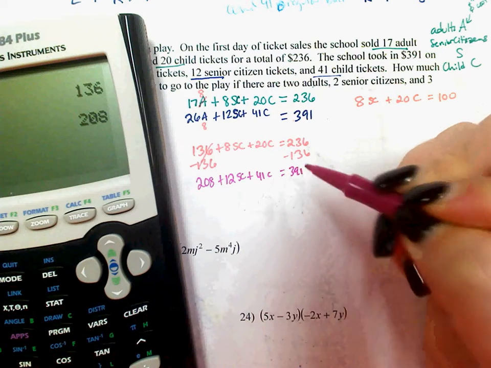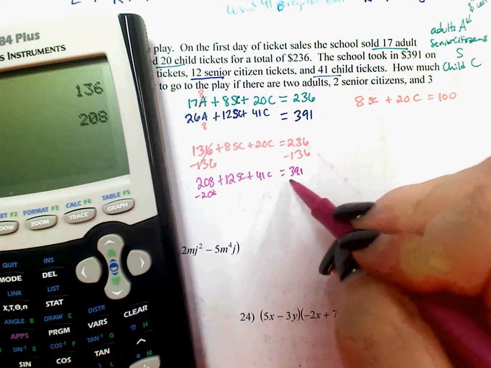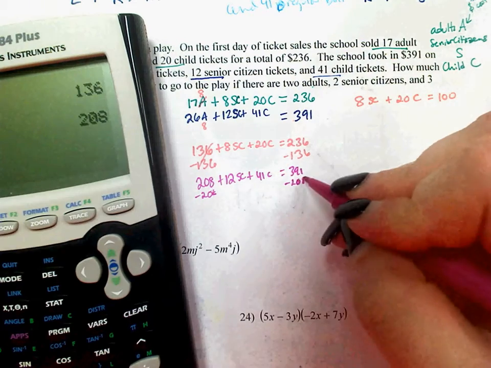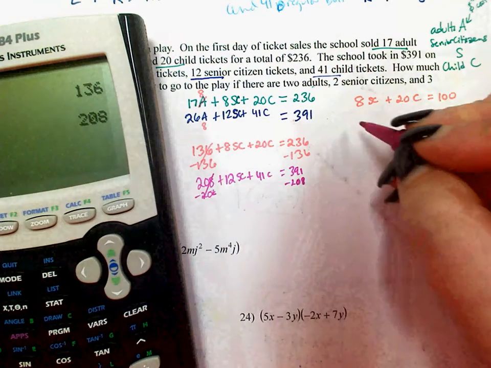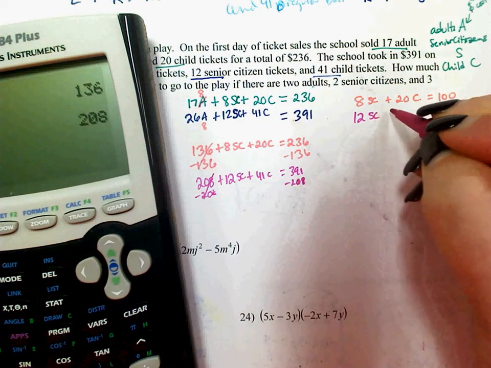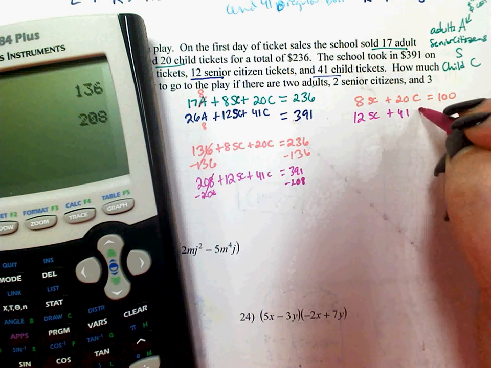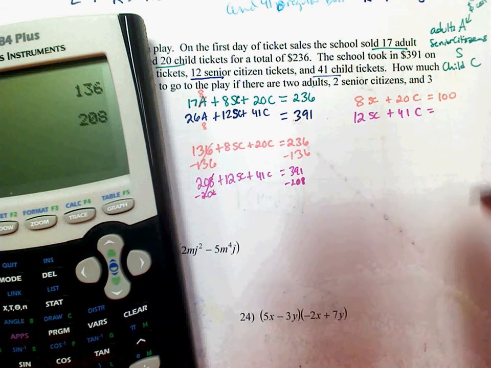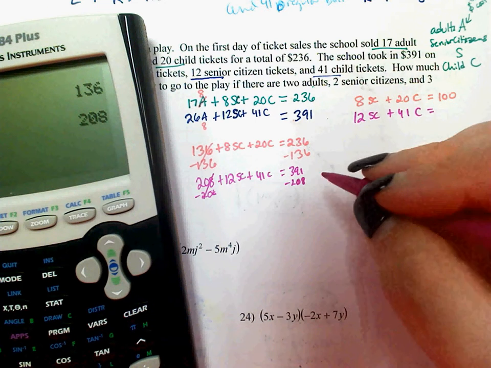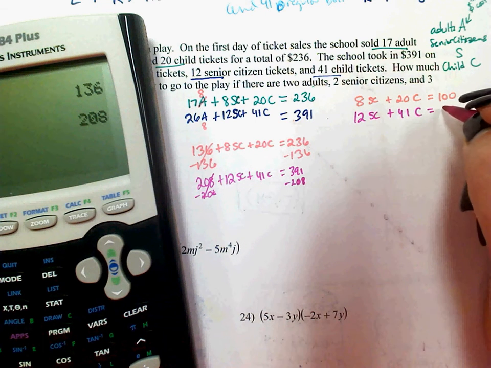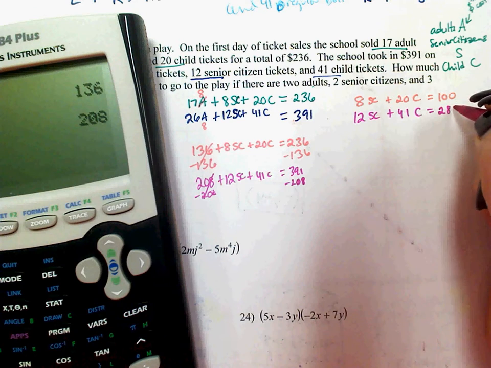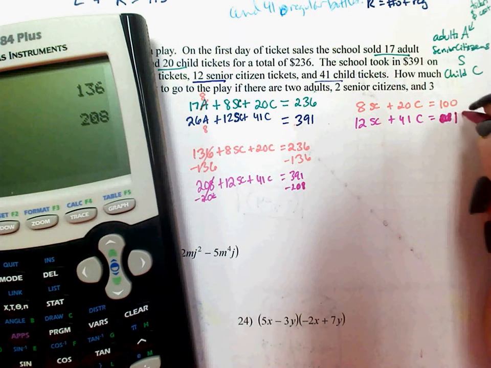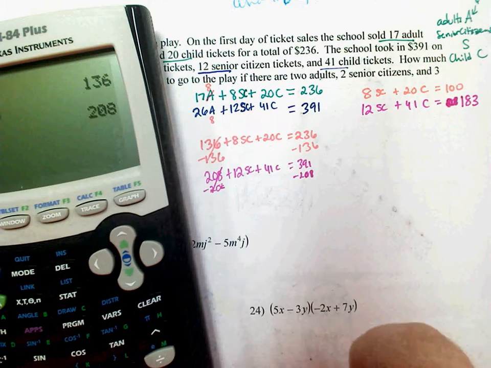So if I subtract 208, so 391 minus 208, I've got 12 senior citizen plus 41 child equals 183. Let me make sure. 391 minus 208.